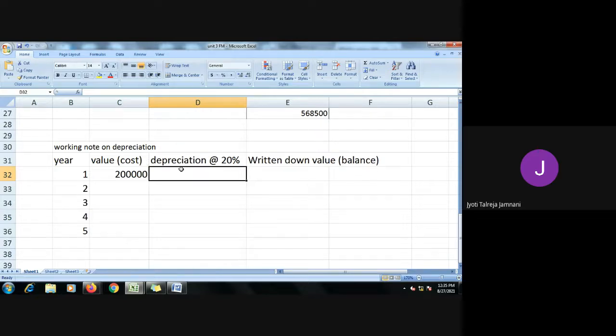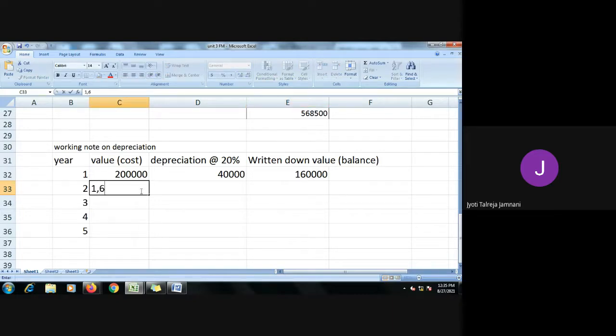So 2 lakh into 20%, you will get the depreciation amount, which is 40,000 rupees. Now from 2 lakh, if I minus 40,000, I'll get the reducing balance, which is 1,60,000. This 1,60,000 will be the new value for the second year.